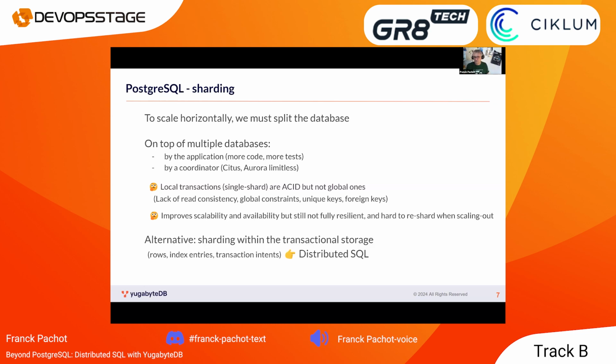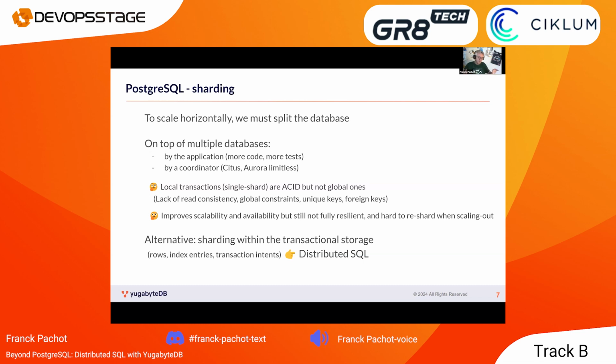But the alternative that keeps all SQL features at the global level is distributed SQL. And there, the idea is to shard, but below the SQL layer. So you provide the SQL processing, parsing the query, building the execution plan. This is stateless, and that can run in all nodes.